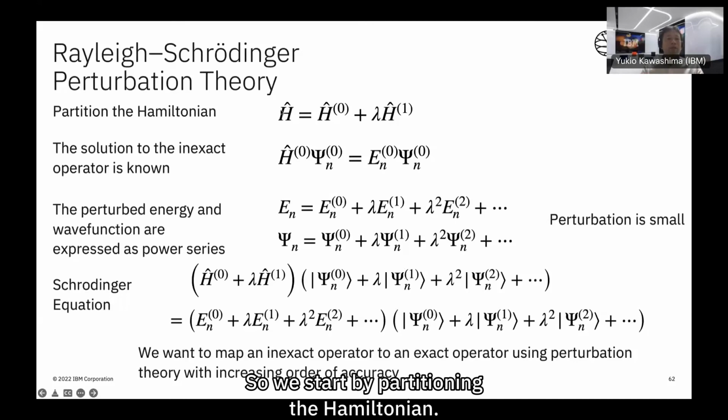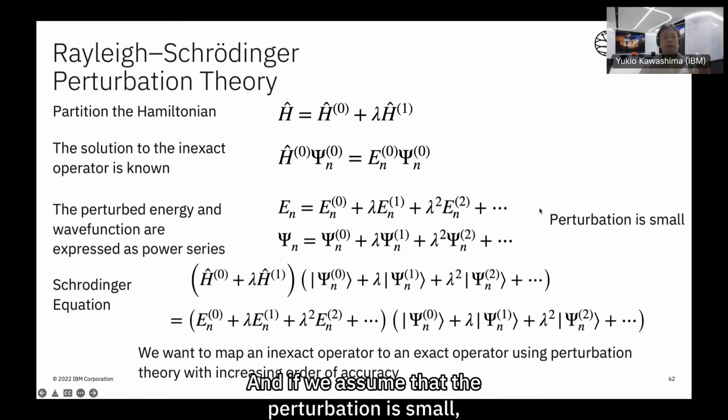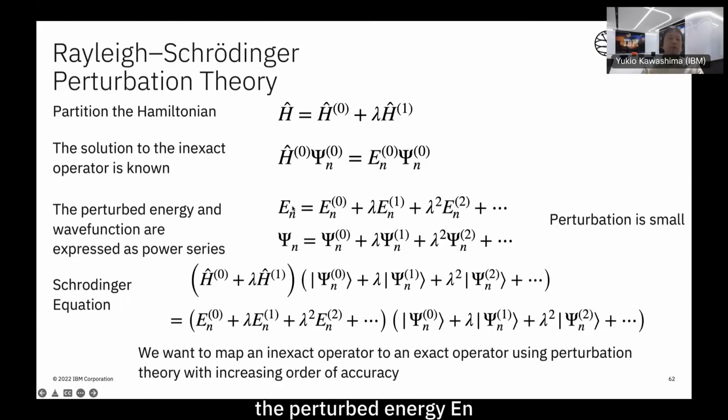We start by partitioning the Hamiltonian. For this zeroth order Hamiltonian, we know the solution. And if we assume that the perturbation is small, the perturbed energy E_n and the perturbed wave function psi_n can be expressed as a power series like this.